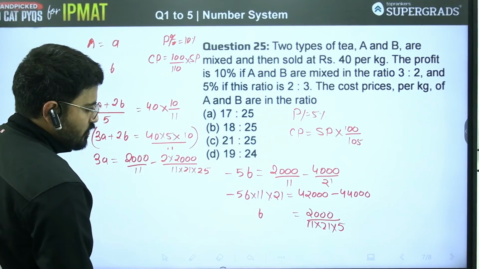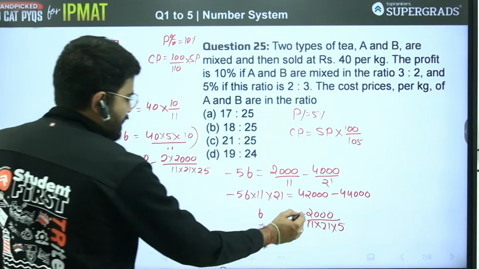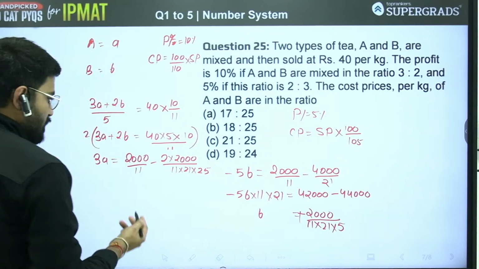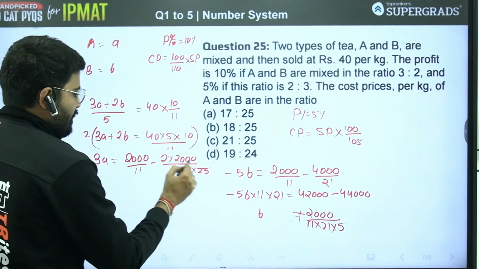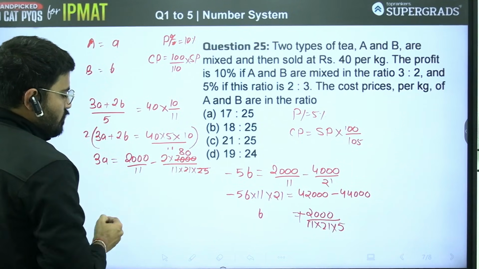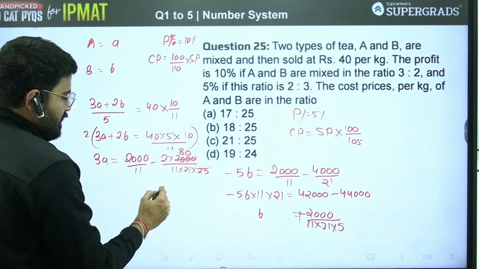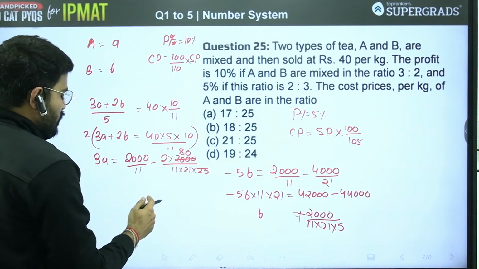This is minus 2000, sorry. Minus gets cancelled, so it becomes positive. Fine. So 25 cancels this how many times? 25 into 8 is 200, and 2 into 80 is 160 by 11 into 21.